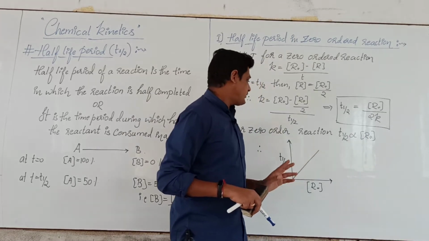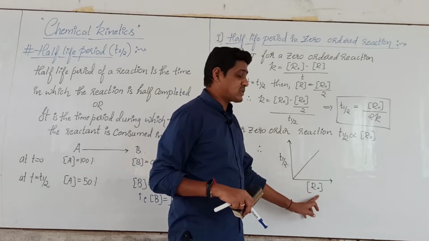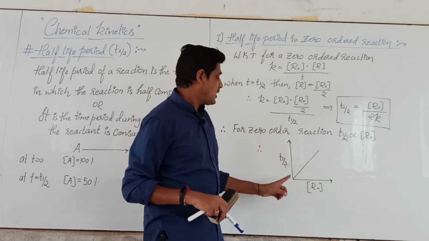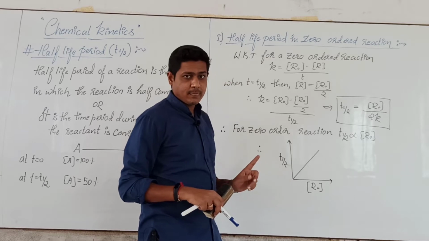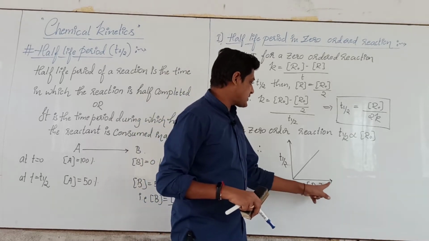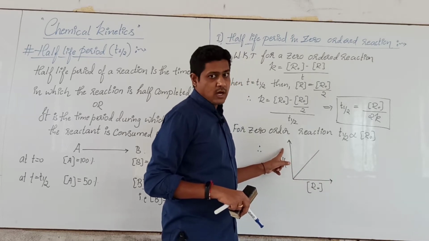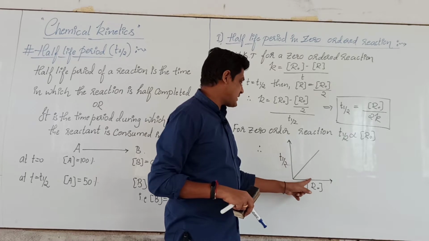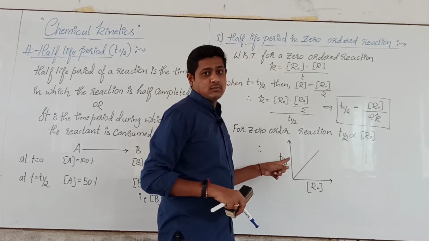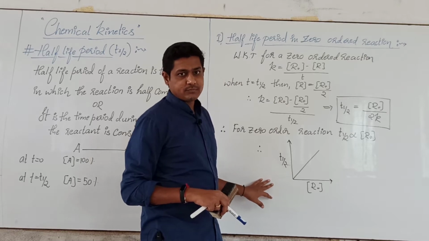When we plot a graph of half-life period against initial concentration for a zero order reaction, we get a graph like this. As the initial concentration is high, the half-life period is also high. When the initial concentration is less, the half-life period will be less.